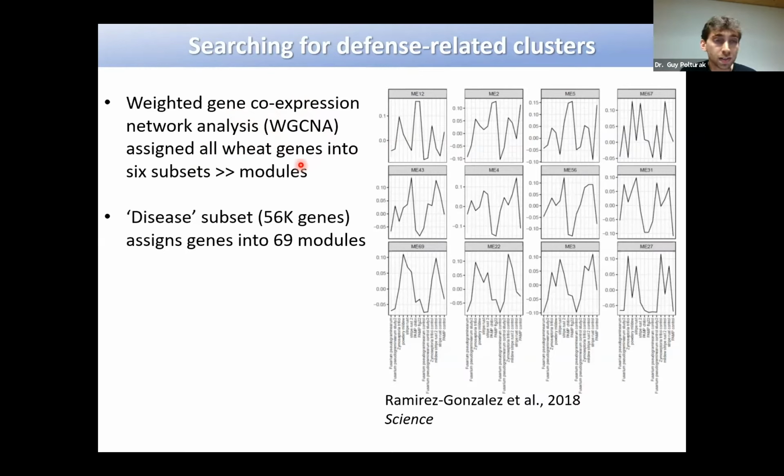So we hypothesized that by mining one of these subsets, which is called disease, we can find new genes and new molecules which are related to plant defense. This disease subset basically includes all of the wheat genes which have any sort of expression pattern in experiments in which wheat was challenged by different pathogens or pathogen effectors.